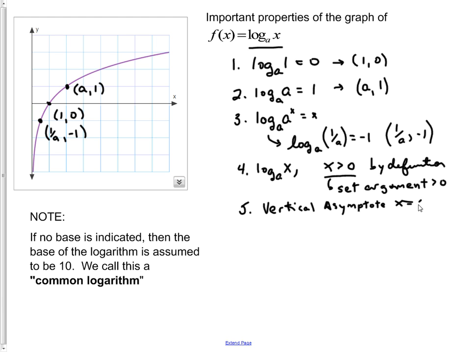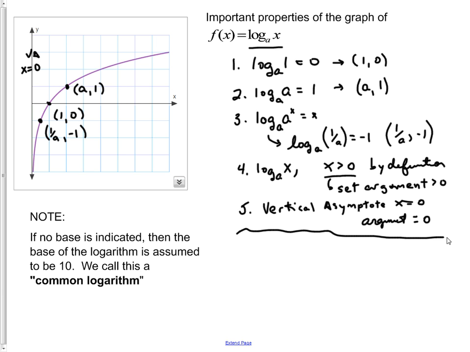In other words, wherever the argument is equal to 0, then we have a vertical asymptote. We have a vertical asymptote here at x equals 0. Okay? So this will be true. This graph will always take this sort of form.